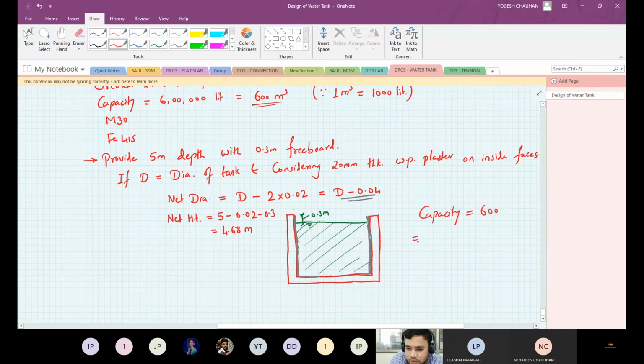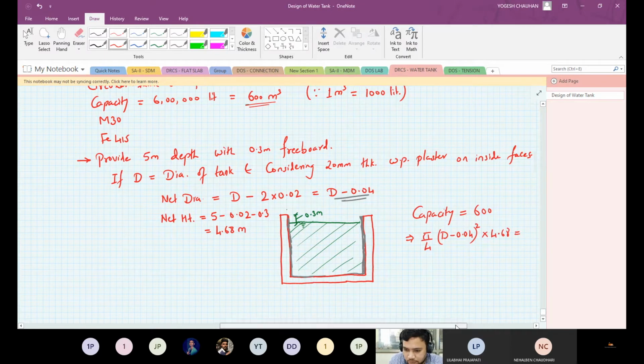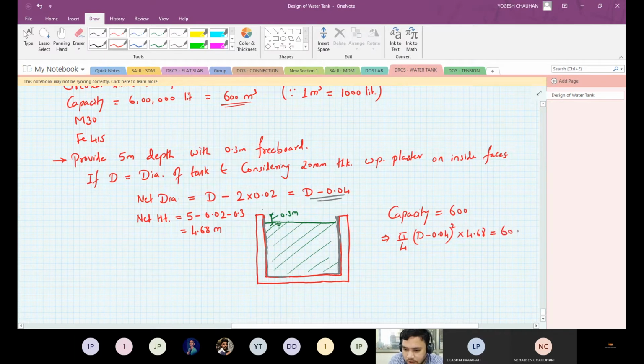This is circular in plan, so the volume of the cylinder will be pi by 4 into the effective diameter, that is D minus 0.04, whole square, into the height. So the net height is 4.68, equal to 600.